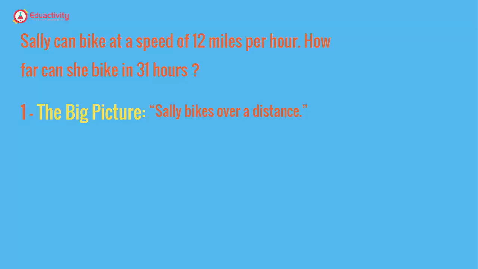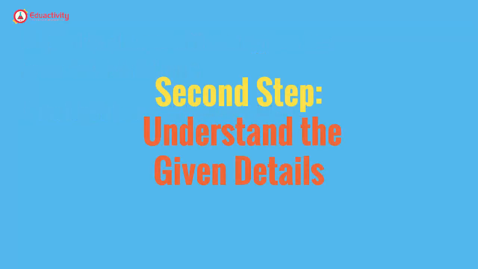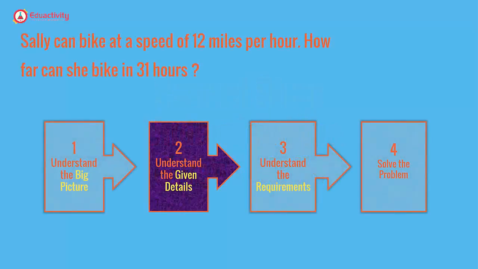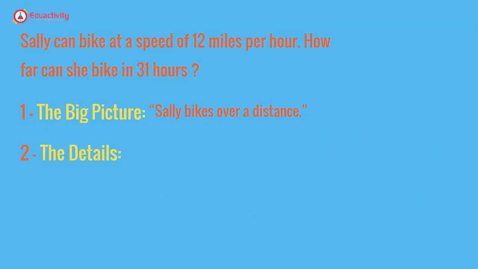Now, let's continue to the second step and define the details. In this step and the next one, we will break down the problem into simpler, more manageable pieces. As you can see, in this problem, there are 2 given details, 12 miles per hour and 31 hours.